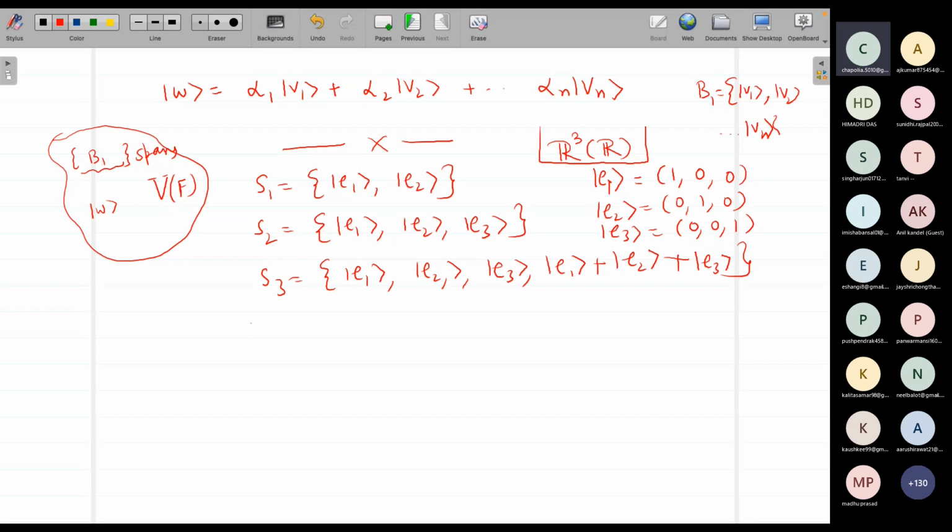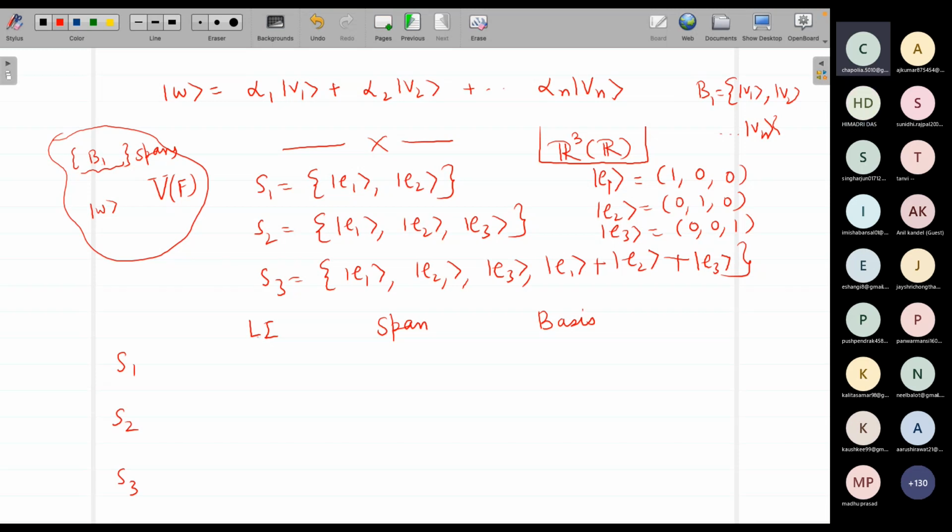Now the question comes in this form. Is the set of vectors E1 and E2, that is 1 0 0 and 0 1 0, linearly independent? Yes, sir. How do you prove that?